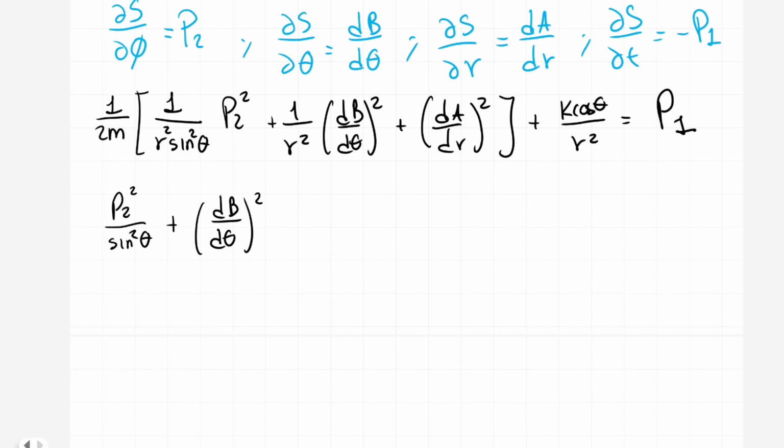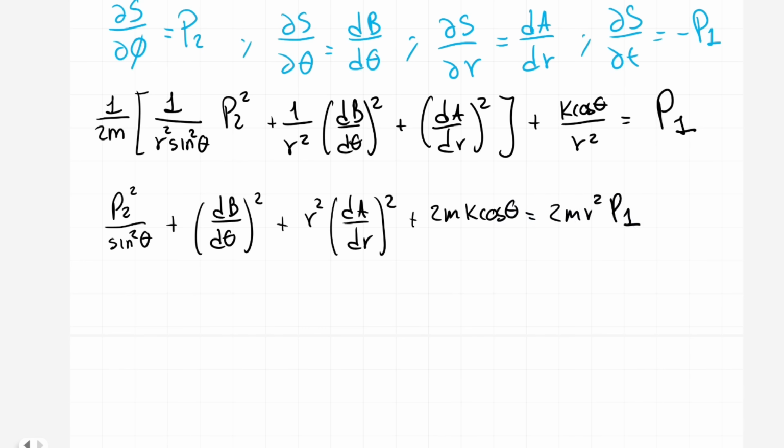Yeah. So here we will get r squared, the derivative of A with respect to r squared, plus 2mr squared, that cancels with this one, so it will be 2mk cosine theta equals 2mr squared p1.